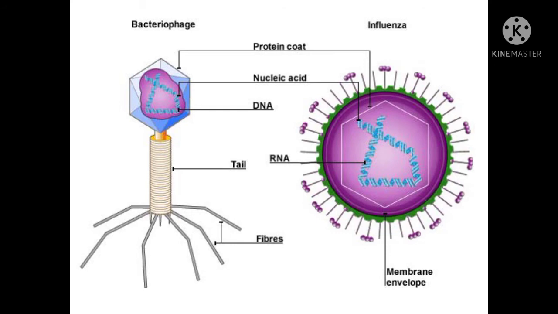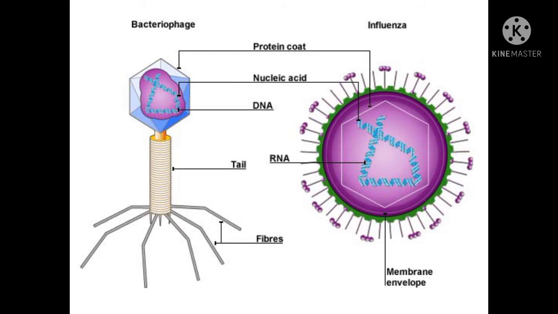Then the middle part is the tail, okay. And the leg-like structures that you are seeing, 6 legs are there, these are the fibrous legs, okay. These legs of the virus help it to get stuck and stick on the cells.